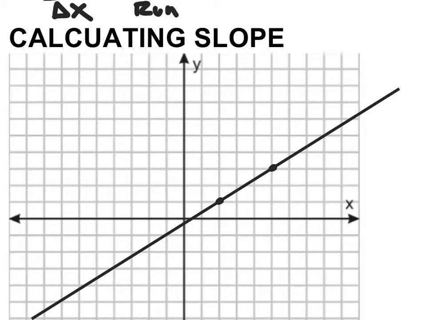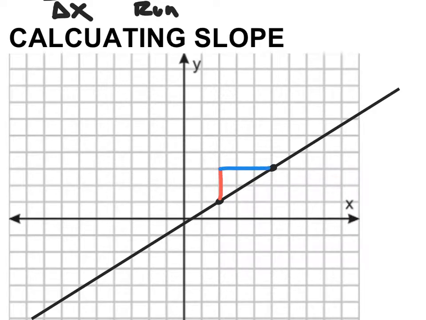I'm going to draw a line between these 2 points. Once I put this line in there, what I notice is that my line has a steepness to it. How I calculate that, going from one point to the next, is I draw a triangle that connects one point to the next.